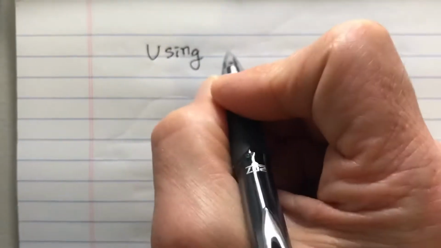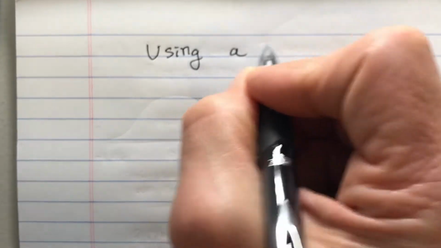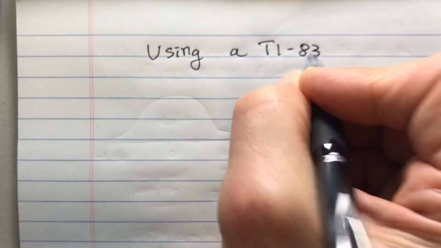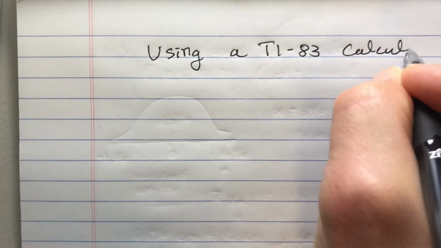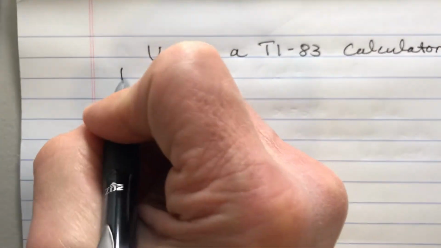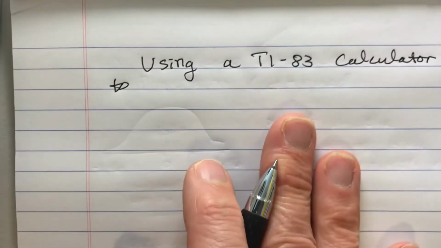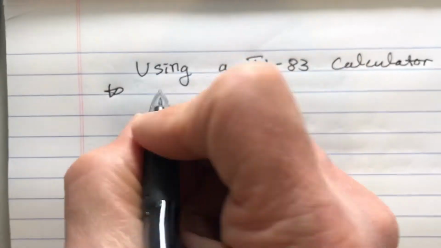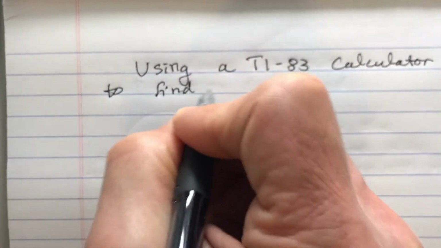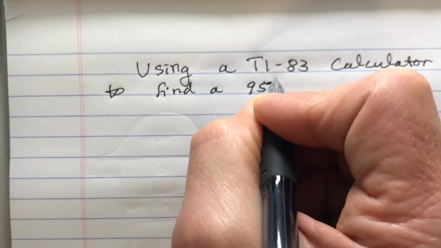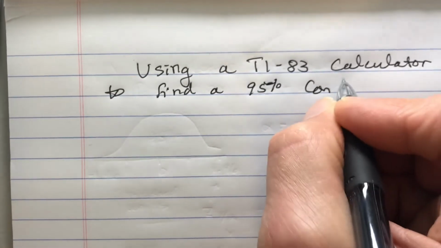Okay, what we're going to do is use a TI-83 calculator to find a 95% confidence interval.